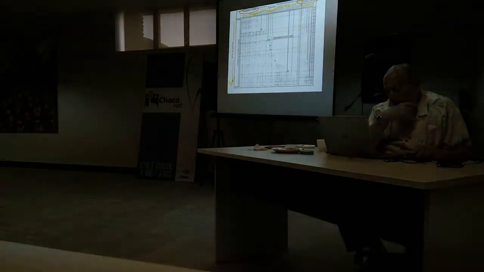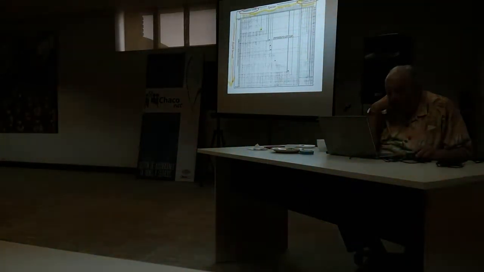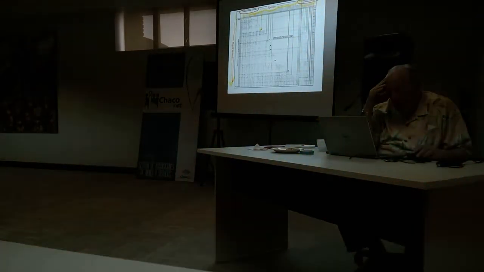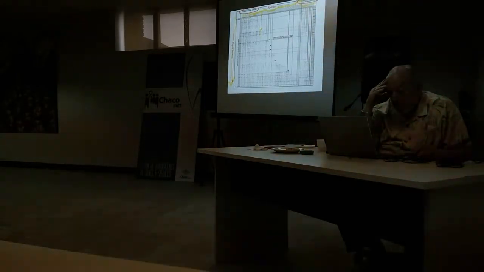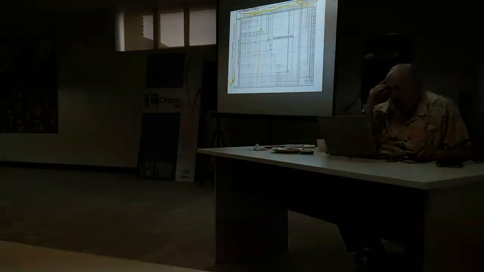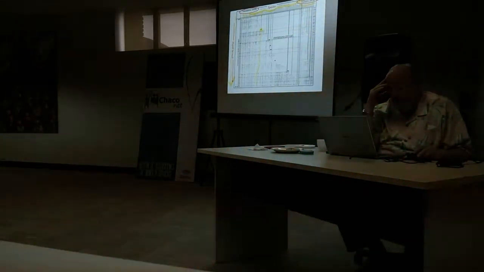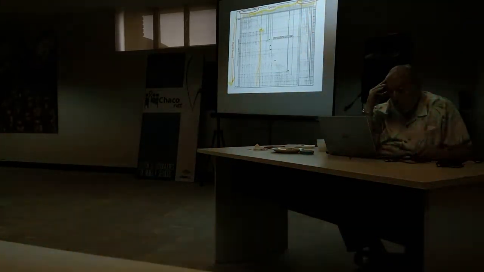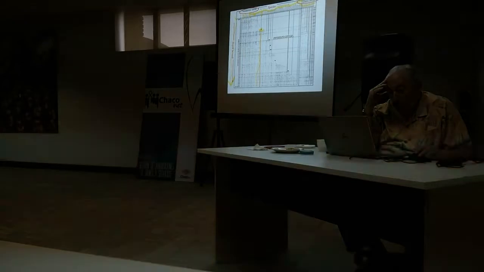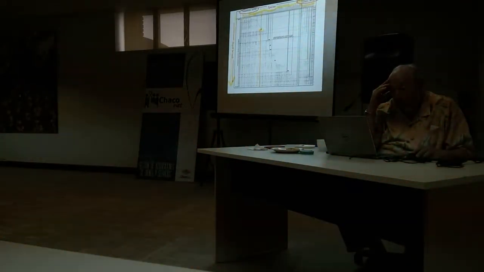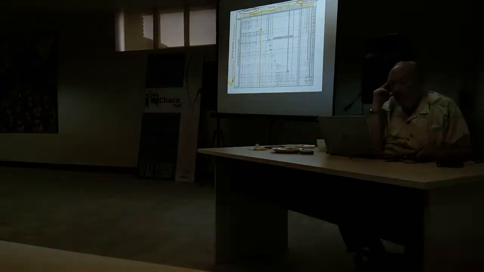Well, let's look here. Here's a fossil. You can't read the name of it, but here's a fossil that was found at intervals all the way down, and up to there. But you didn't find it above that interval.